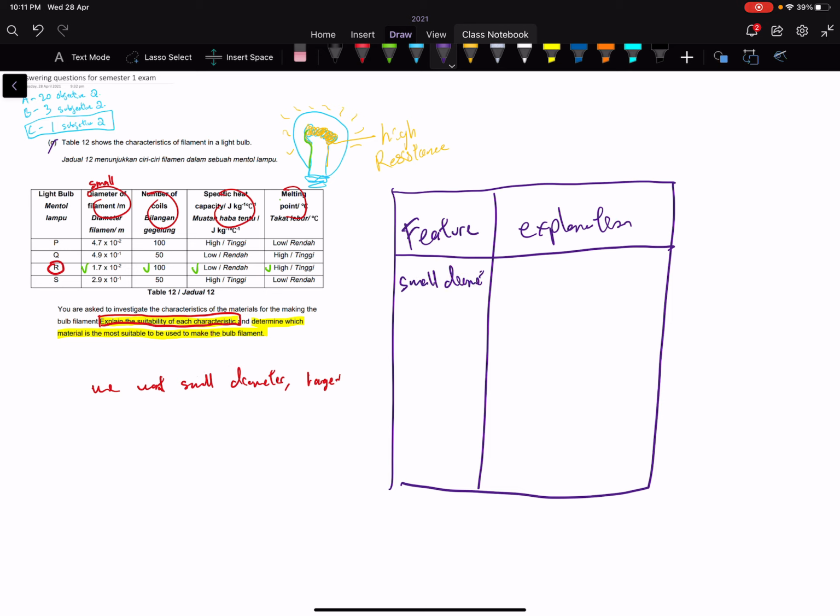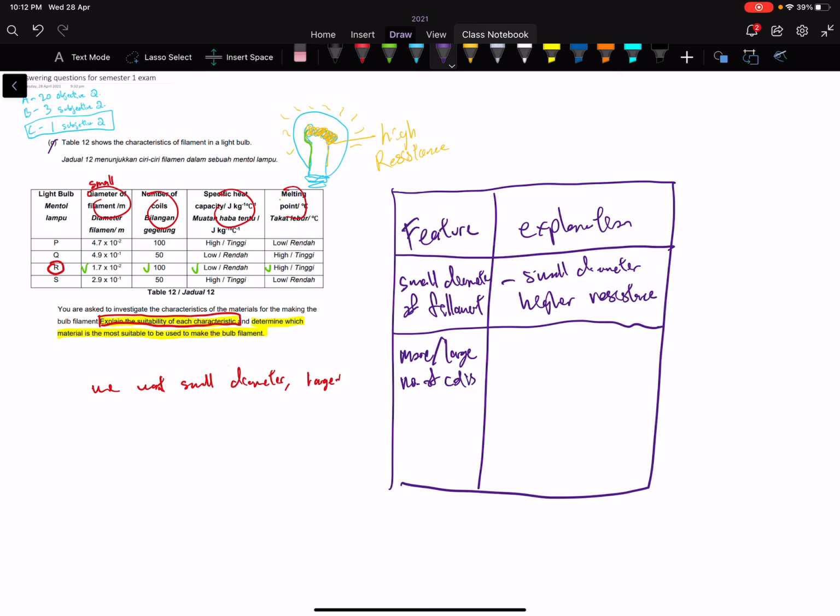For the first one, the feature will be small diameter of filament, because we want something with a small diameter. Explanation, why? Small diameter means higher resistance. The second one will be more or large number of coils. Again, the reasoning is higher resistance.